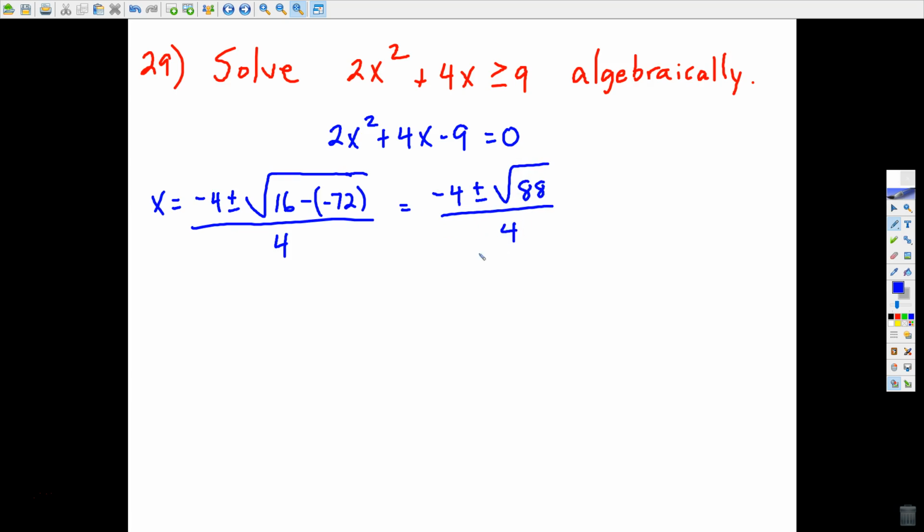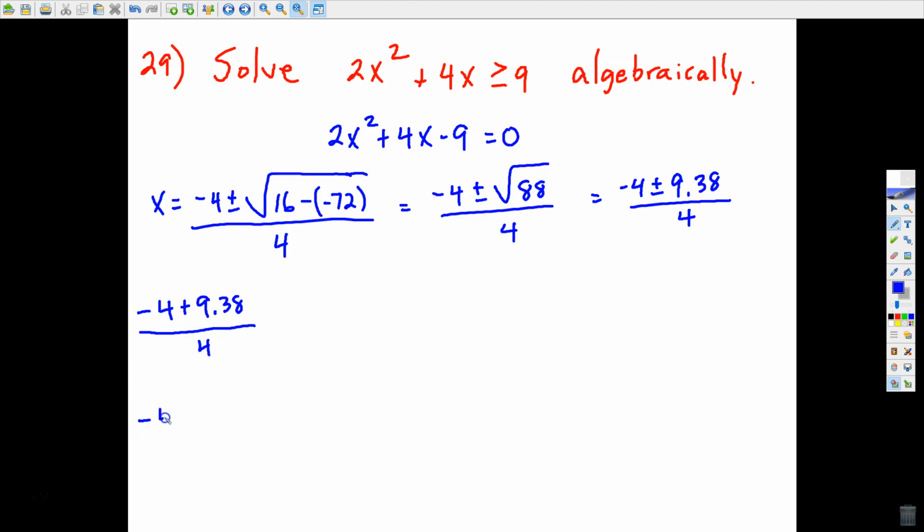All right, so we need to find out what the square root of 88 is as a decimal. And that is 9.38. Okay, so using our calculator, let's find out what negative 4 plus 9.38 is, and then we'll divide that by 4.